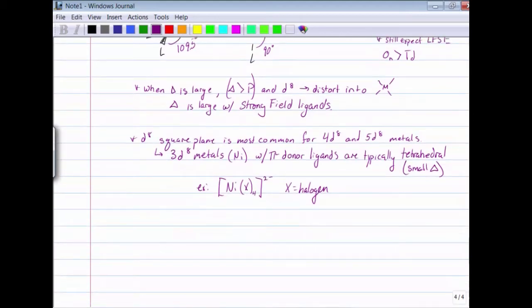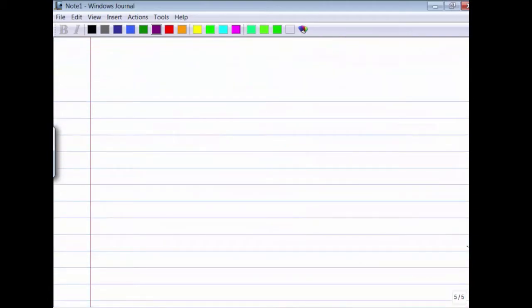Let's talk about some spectroscopic properties and what this delta really means, as far as what we already know. I'm going to talk first just simply about color. Last time I had that rack of test tubes with all the different color complexes in them. Those colors corresponded to an energy absorption.